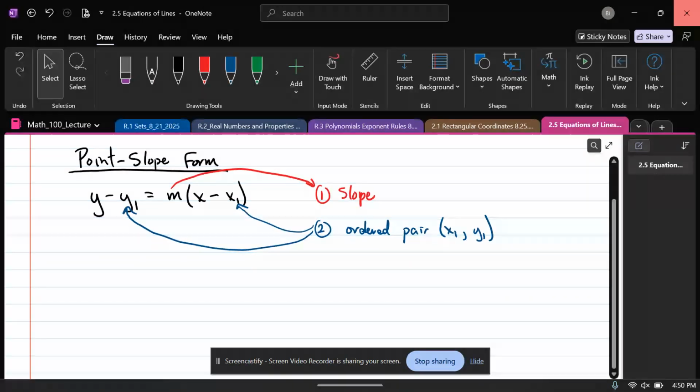So what we're going to do is write equations in point-slope form from the information given.